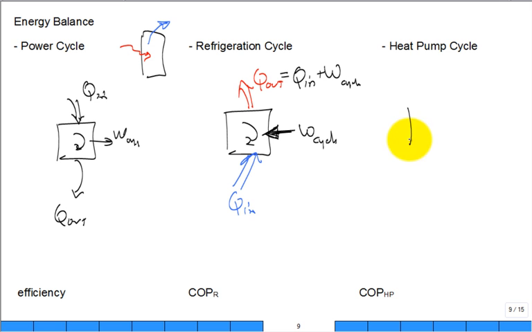Likewise, here's a heat pump. How many people have been in a house with a heat pump, or their parents own a house with a heat pump, or the apartment has a heat pump, or they even know what a heat pump is? Residential heat pumps, right? Most homes in San Antonio, if it's winter and you want a little heat, just take electricity, dump it through a resistive heater, blow air across it, and that's your heating inside the house.